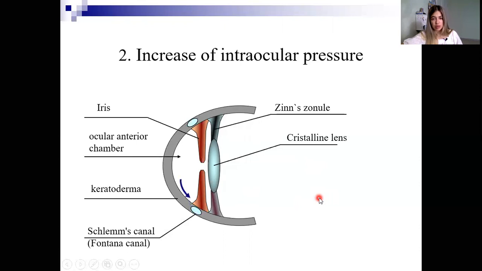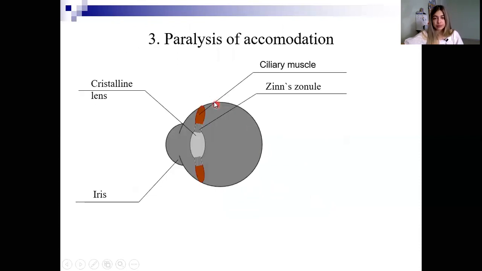You can see in the Schlemm's canal, this blue arrow shows us the movement of the intraocular fluid. But when the muscles are relaxed, they block this way to the Schlemm's canal, and you see the fluid cannot outflow from here. And we have a lot of fluid accumulated inside this chamber, the anterior chamber, which makes a lot of intraocular pressure. The pressure becomes high.